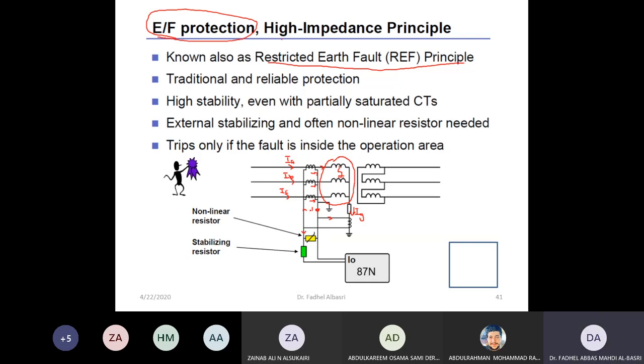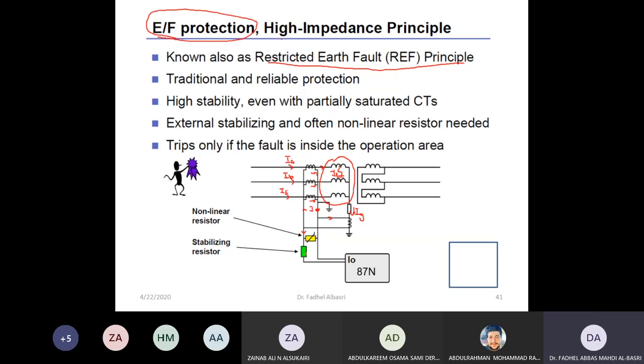It will be I fault. There will be something equivalent to I fault. And as a result, I'll have a differential current. And the differential relay will operate.